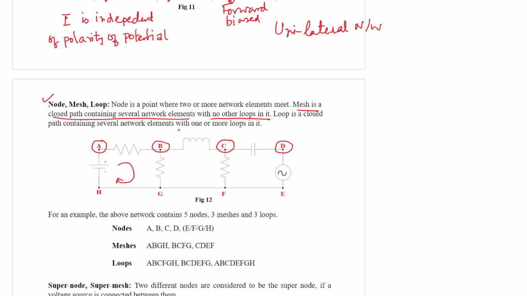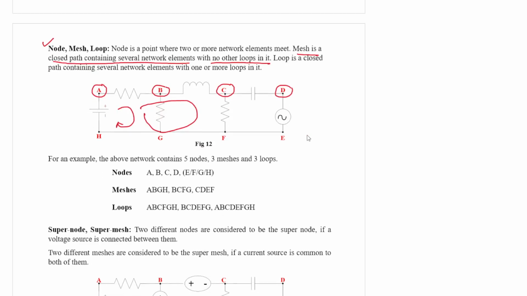Now what is a loop? This one is a loop. It can contain more than one mesh. So a node is a junction point where several elements can meet.